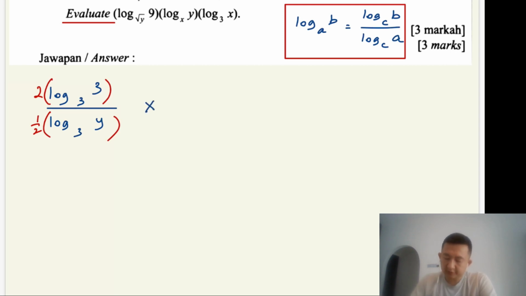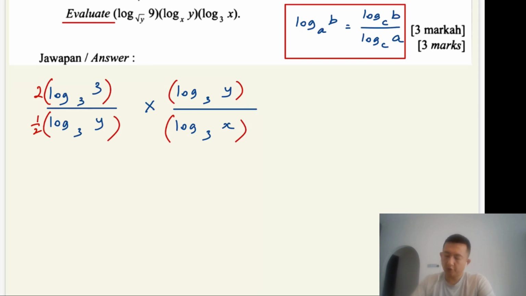Times the second part, log x y. Again, we change everything to the same base, so that will be log base 3 of y followed by log base 3 of x. Log 3 y, log 3 x. The last one, log 3 x, is already base 3, so you don't have to change anything.